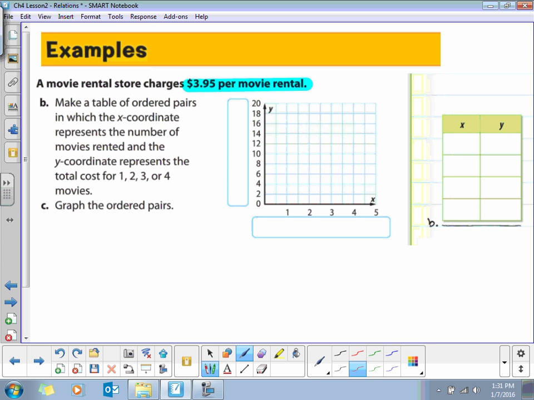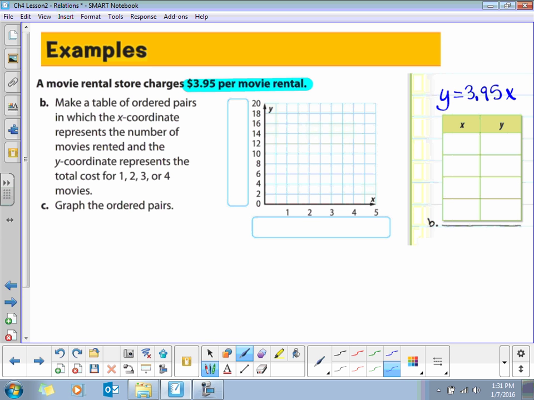So we are going to multiply $3.95 to get the cost. Or actually, you know what? I'm going to write y. Okay. I want to write y is equal to $3.95 times the x value, which is the number of movies we're renting.